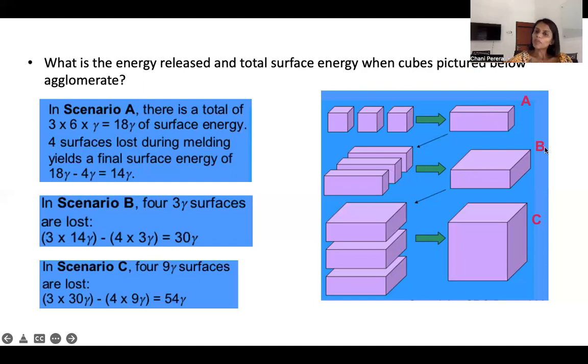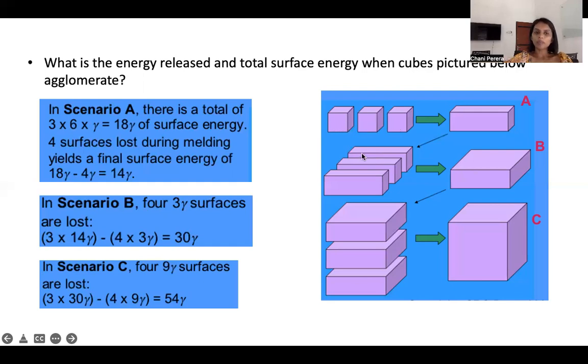Then in scenario B, you're taking this rectangular block, 3 of them, and trying to mold them together to come up with the block shown in scenario B. So in scenario B, we are going to lose 1, 2, 3, 4 surfaces of 3 gamma each. Here one side is equivalent to gamma, gamma, gamma, 3 gamma.